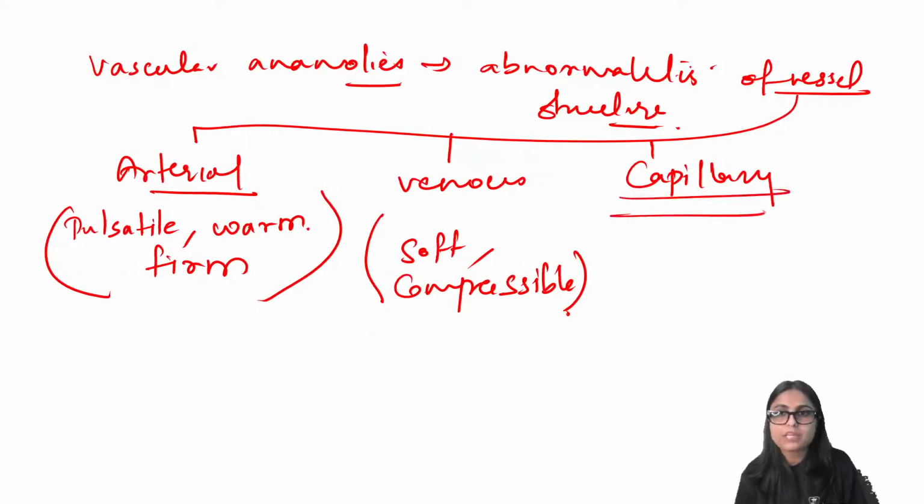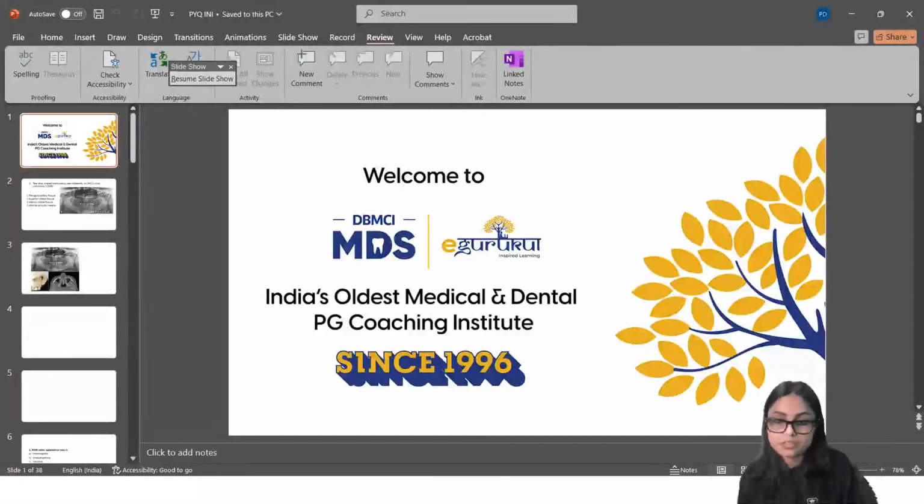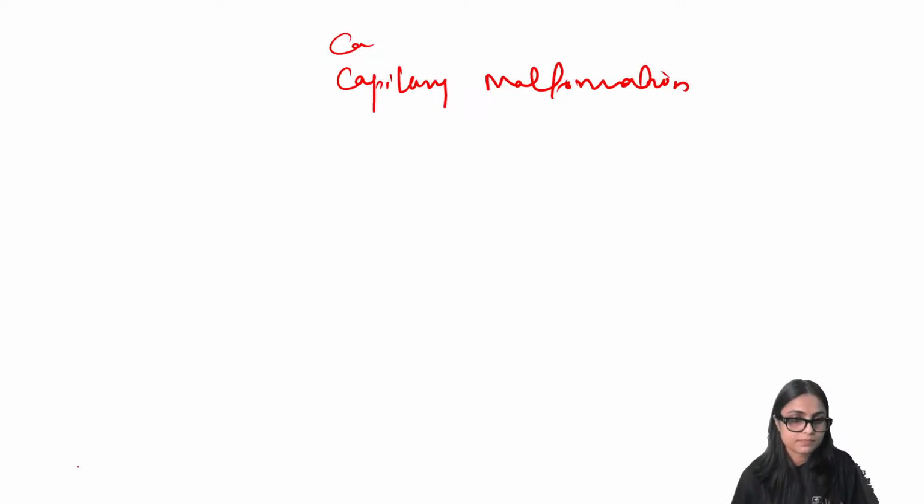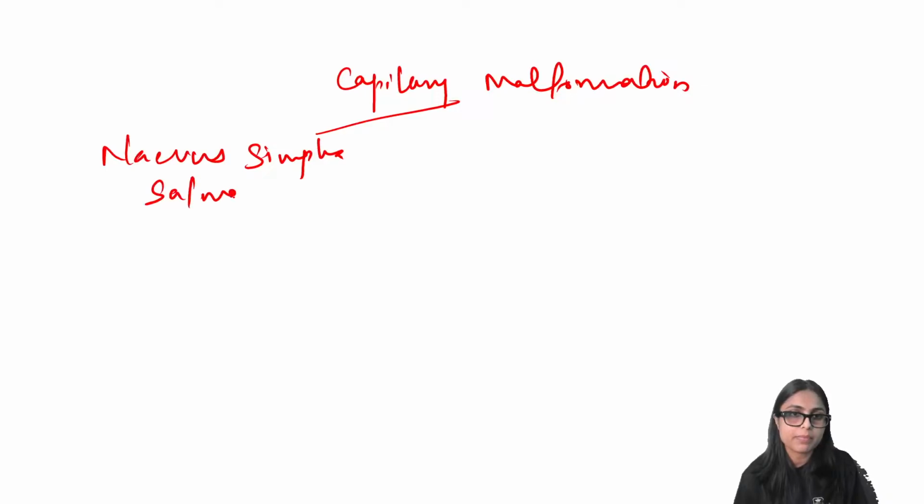Now coming on to capillary malformation. In capillary malformation we have two types. First is nevus simplex, which is also called salmon patch.